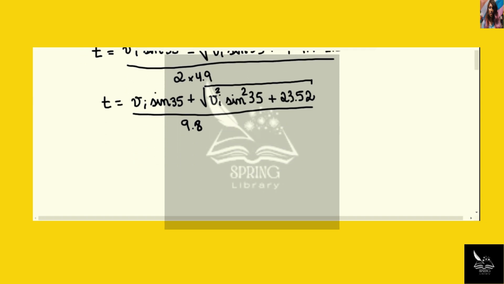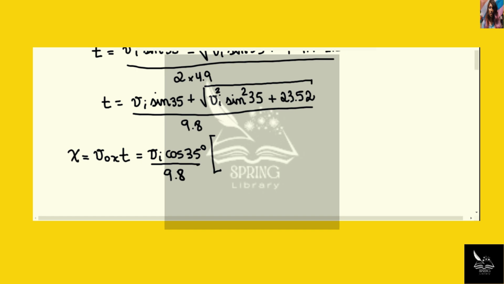So now we can use this in order to find the distance x. Remember that x is equal to v0x times t. v0x is vi times the cosine of 35, and t is this thing here that we have.